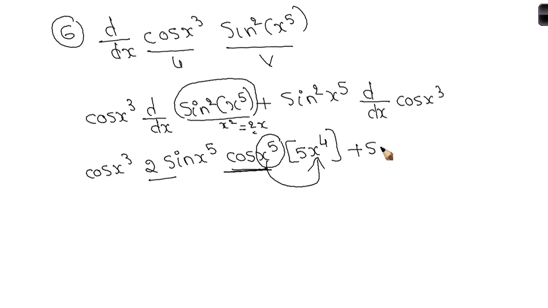Into sin square x power 5 into the derivative of cos, which is minus sin x cube, into the derivative of x cube, which is 3 times x square.